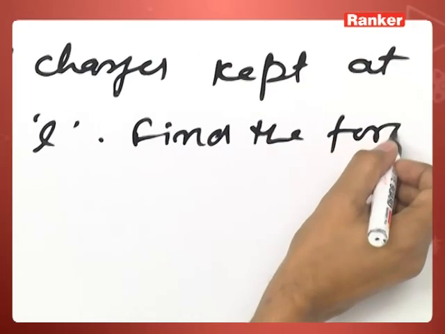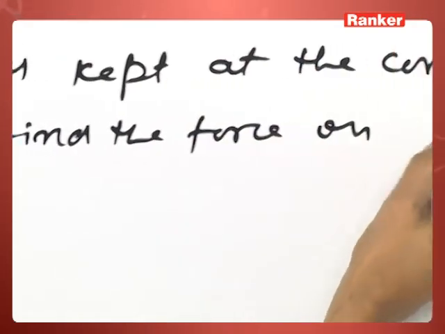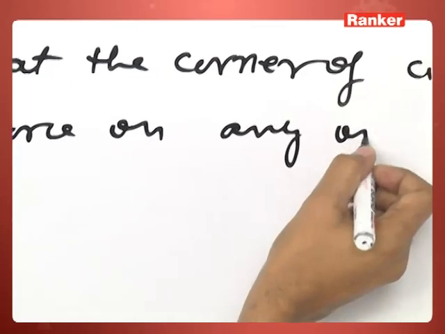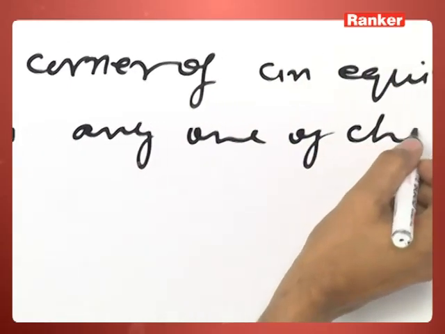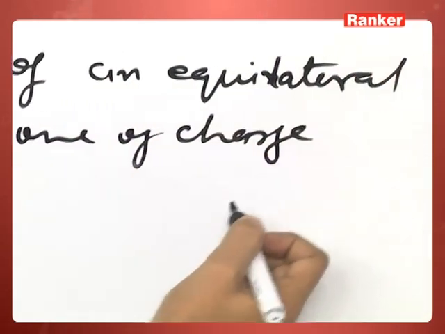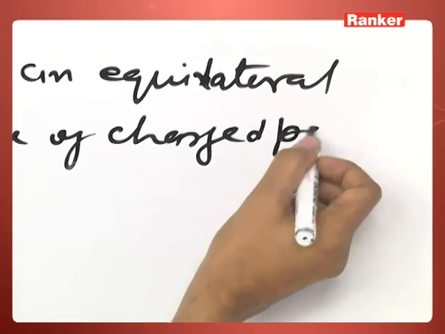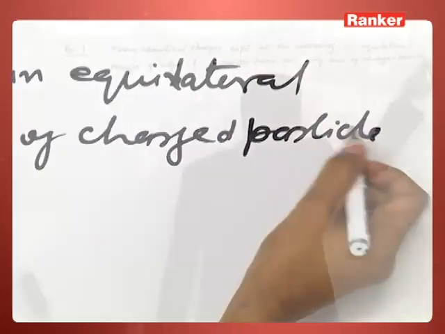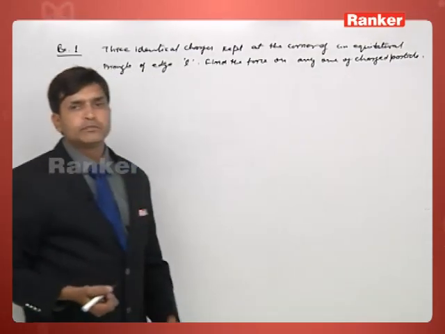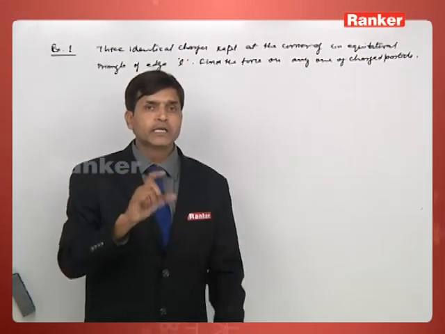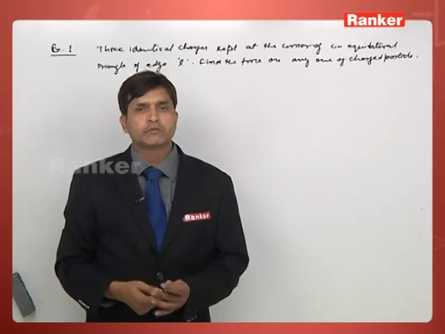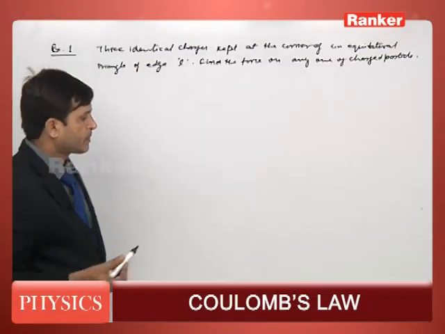Find the force on any one of the charged particles. This is a very basic and fundamental problem, and we want to see how we use the principle of superposition here.